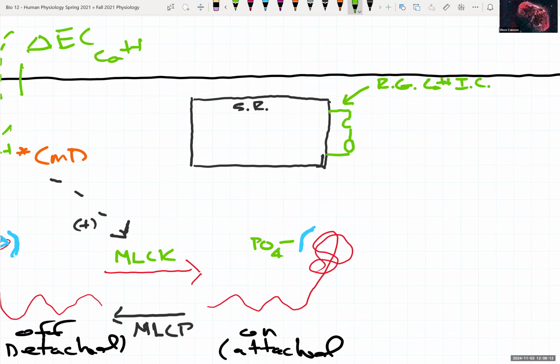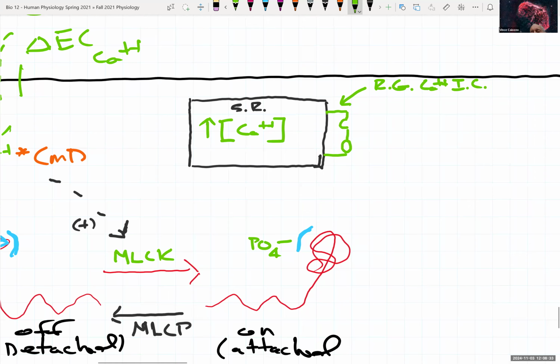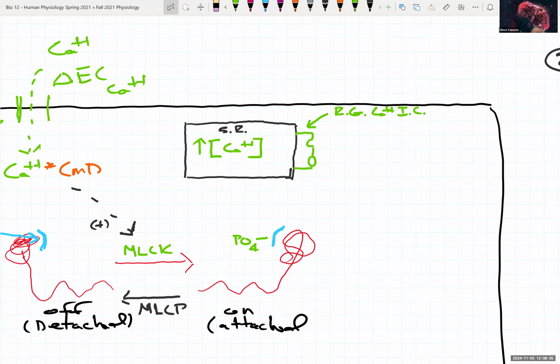You're going to read that as receptor-gated calcium ion channel. We know that the concentration of calcium inside the sarcoplasmic reticulum is very high. So there's a strong electrochemical gradient that favors the efflux of calcium out of the sarcoplasmic reticulum.